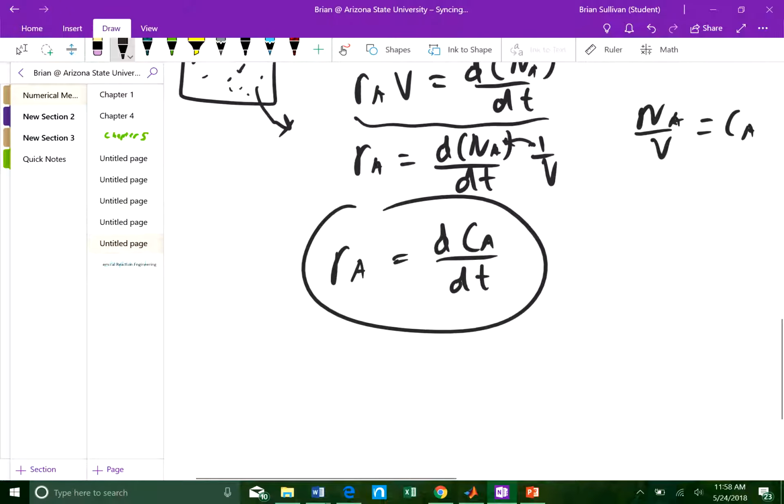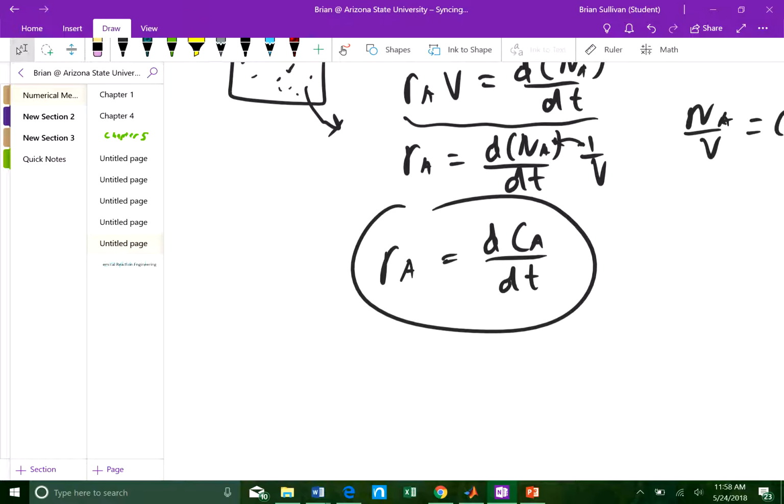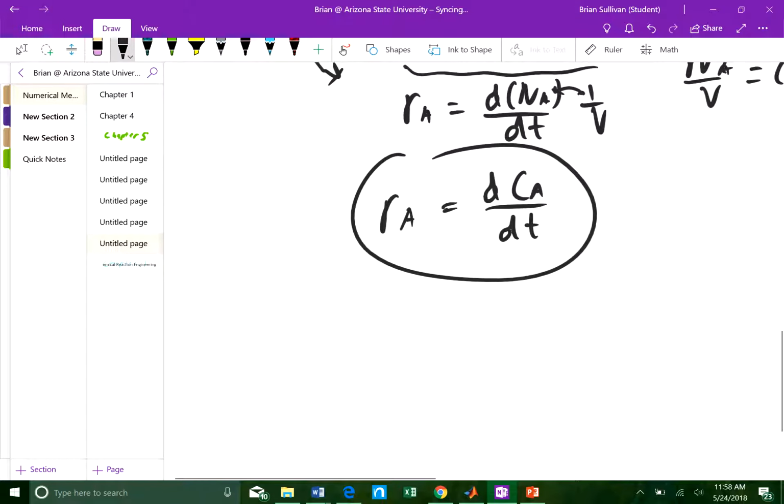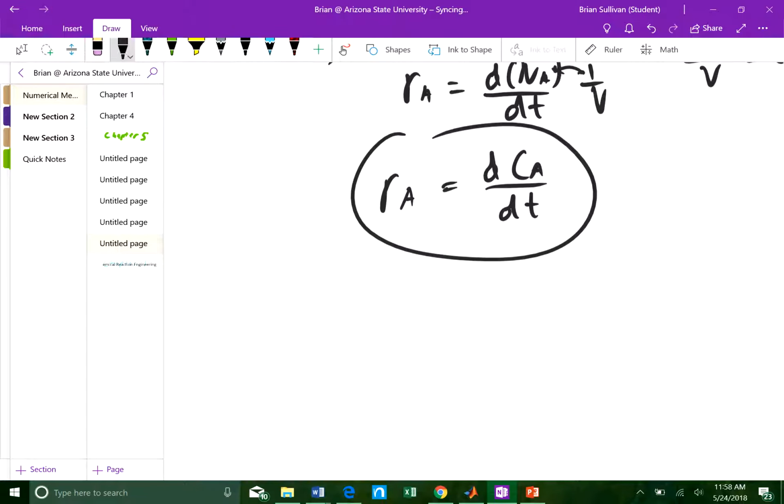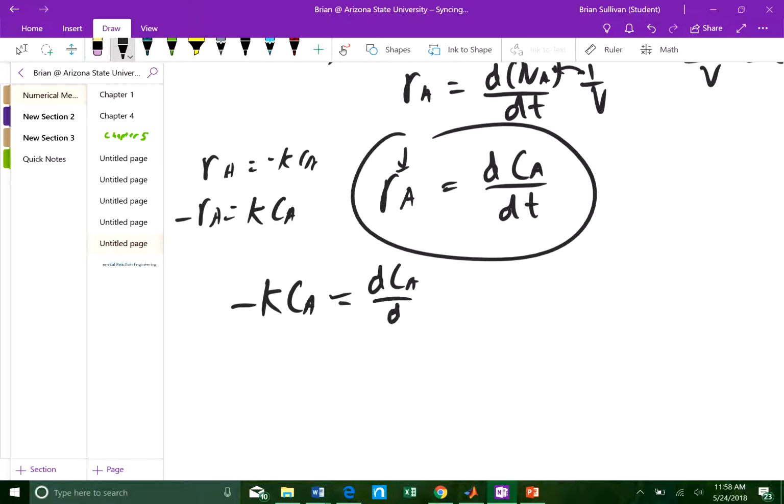Let's plug in our first order reaction into rA. Remember, this is positive rA that we have here. So we put in negative kCA, because negative rA is equal to kCA, and therefore rA is equal to negative kCA. So negative kCA is equal to dCA over dt.